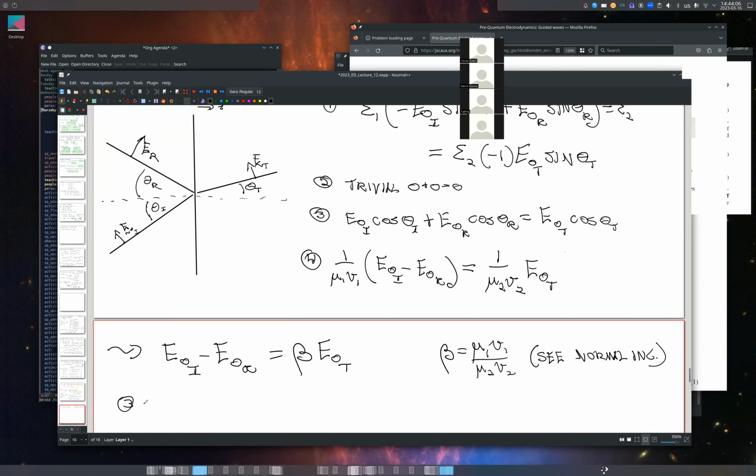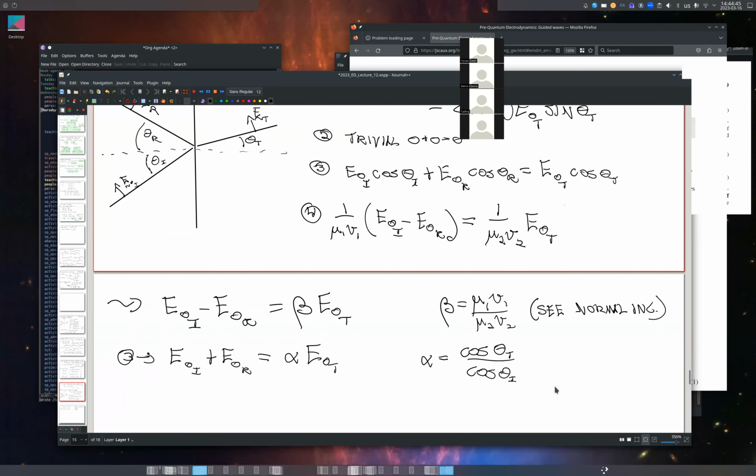So equation 3 implies that if I take E0I plus E0R, then I've got some other factor here I'll call alpha times E0T, where this alpha, as you see from here, is just the ratio of the cosine of the transmitted angle with the cosine of the incident angle. Okay, this is cos theta t over cos theta I.